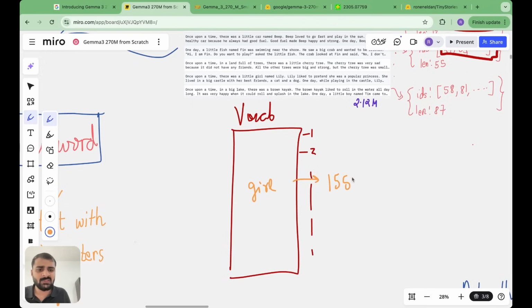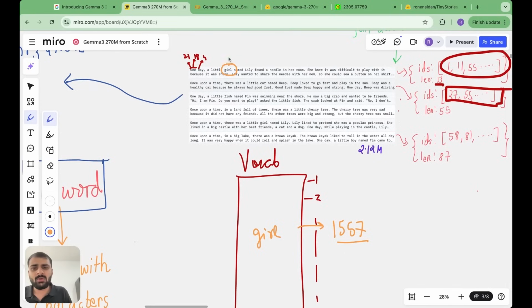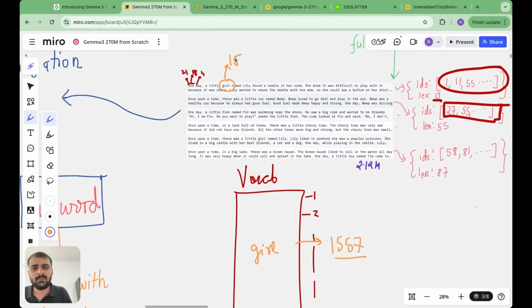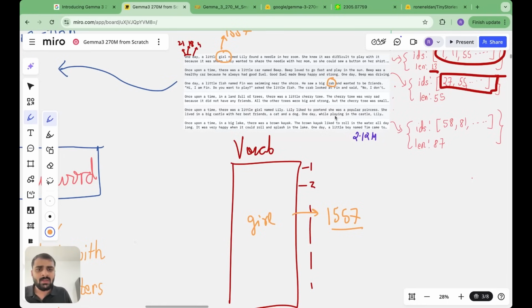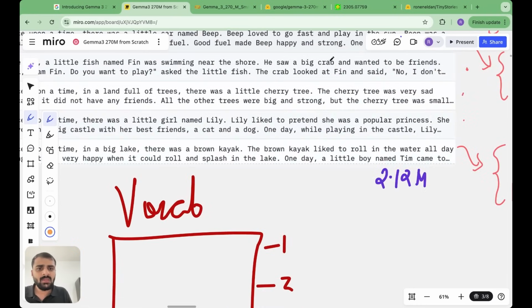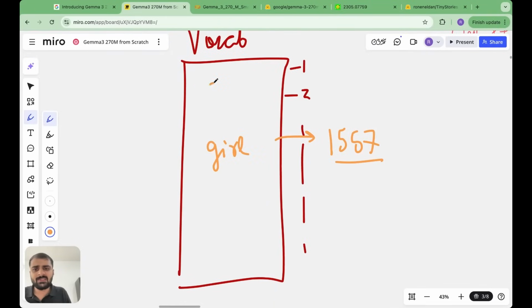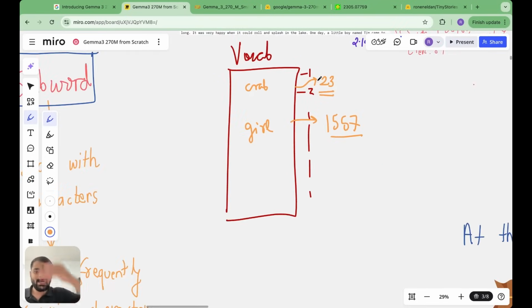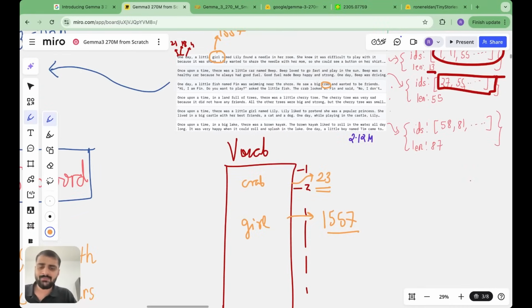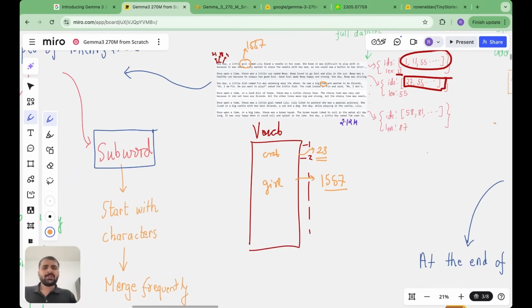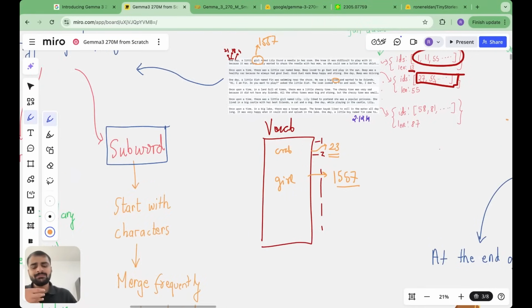Let's say it's 1557. I will assign token ID of 1557 to girl. Similarly, let's say I look at crab. I'll see where it comes in my vocabulary. If it's arranged alphabetically, it will come before girl. And I will see the token ID which is associated with crab and assign it that particular token ID. Right? So it seems like a simple enough method.